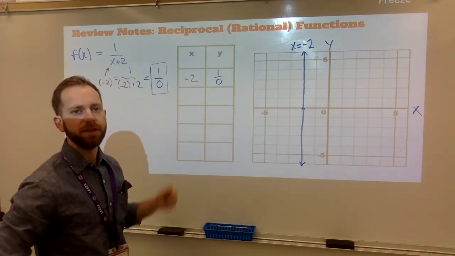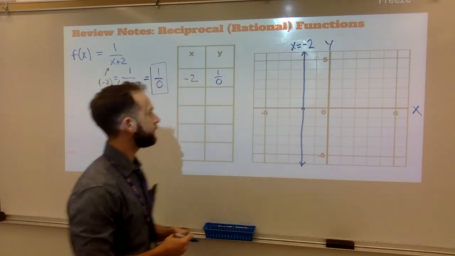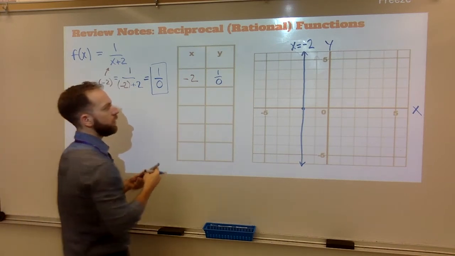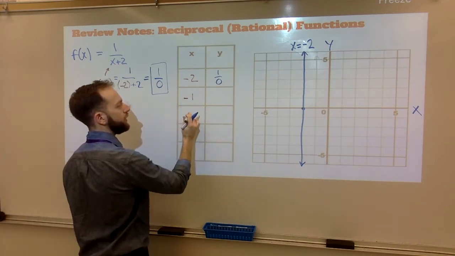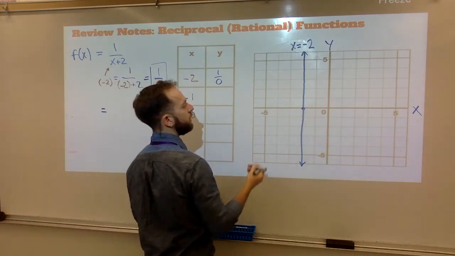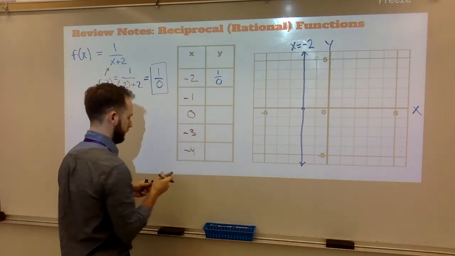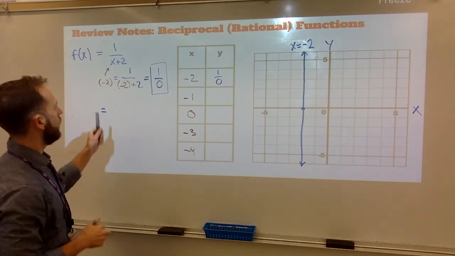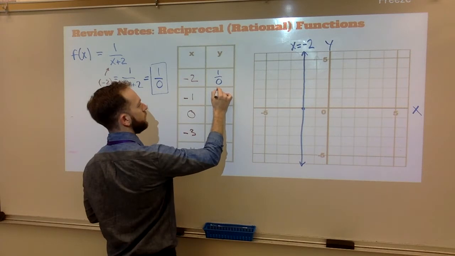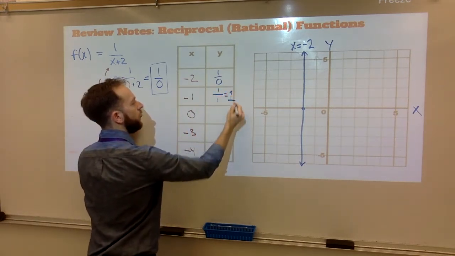So let's look at what happens to this function when x is close to negative 2, but not exactly equal to negative 2. Let's try and plug in negative 1, 0, and let's try some points on the other side also, negative 3 and negative 4. When we plug in a negative 1, you're going to get negative 1 plus 2, which is equal to 1, so 1 over 1, or just 1.